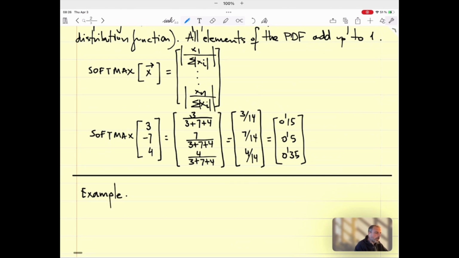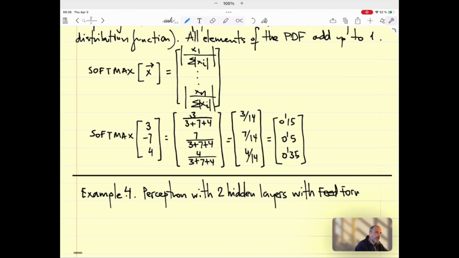Sample number 4 is a perceptron with 2 hidden layers, with feed forward and back propagation.